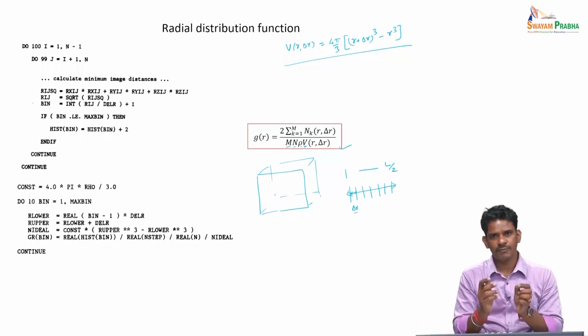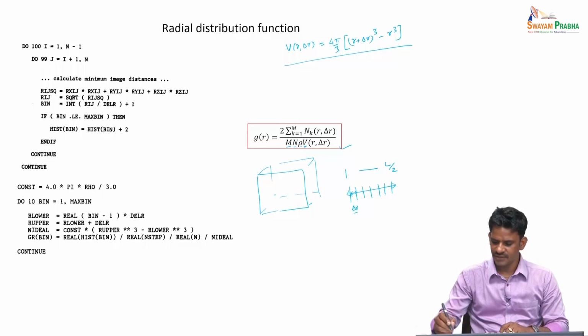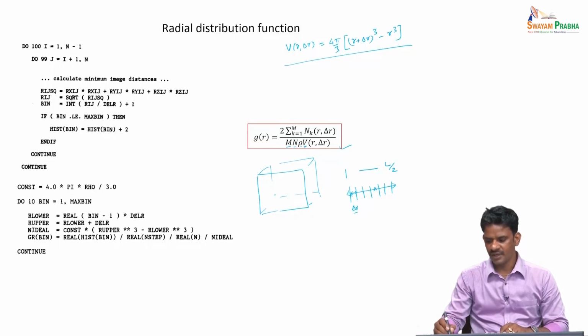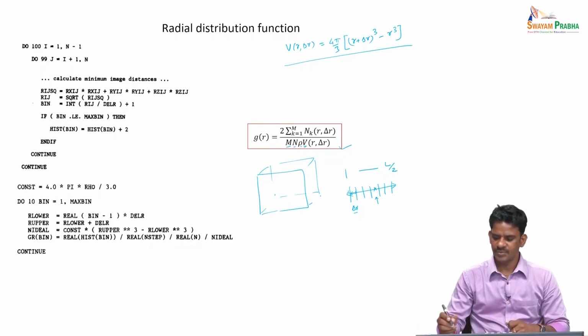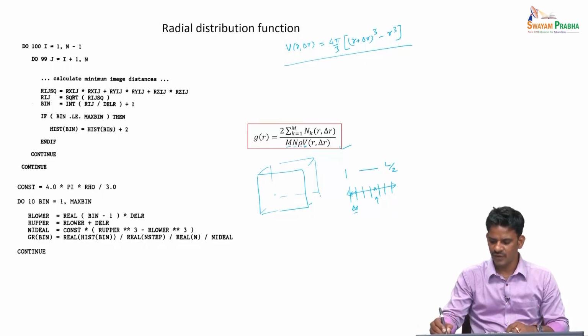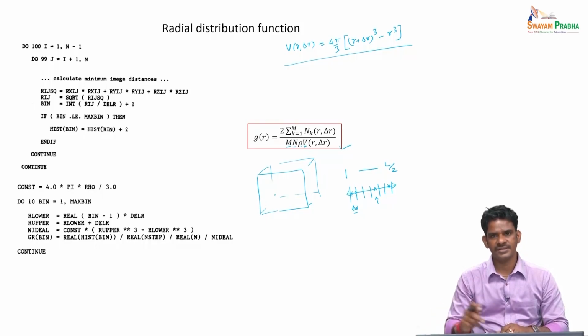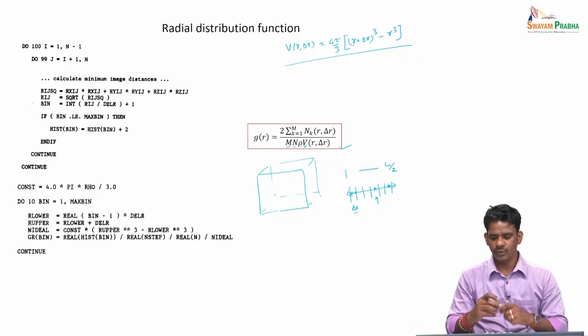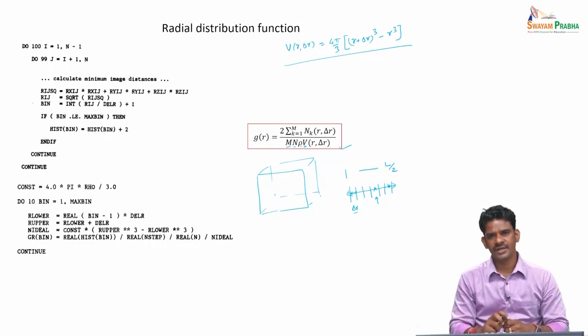Whenever a pair of particles has a distance which falls here, we increment the number of particles in that particular bin. Similarly, if you take another pair of particles and its distance falls somewhere here, then we put those two particles in that bin. By doing this counting operation, we can make a histogram of the number of particles at each distance, and that is what is being done in this algorithm.